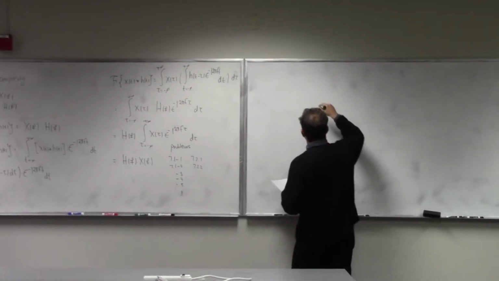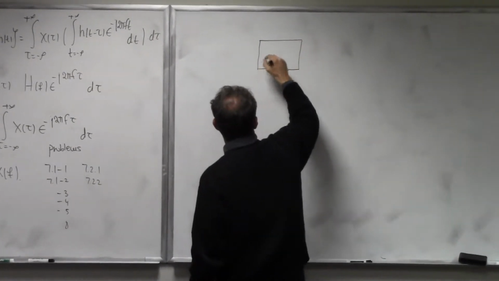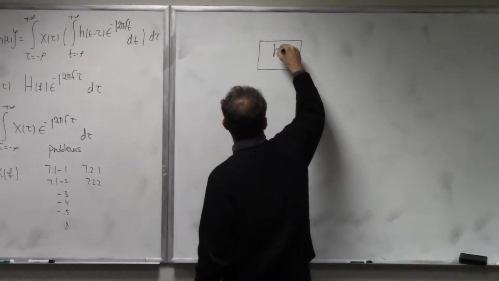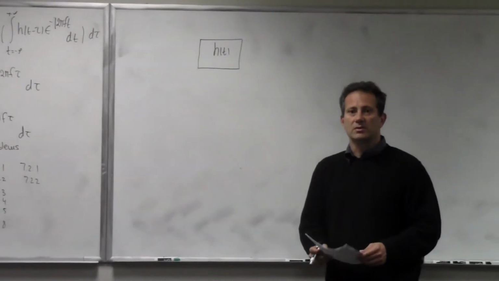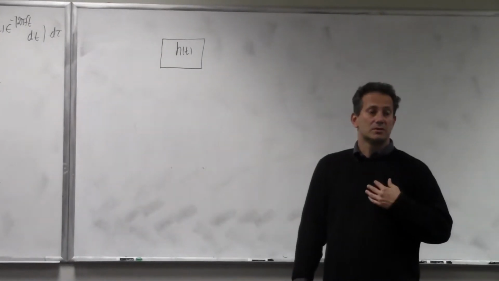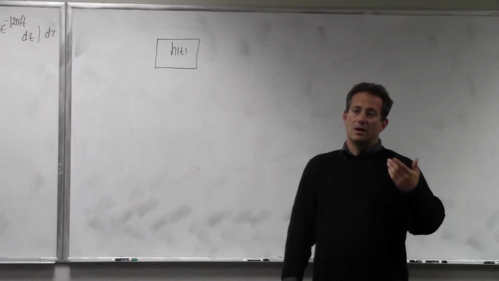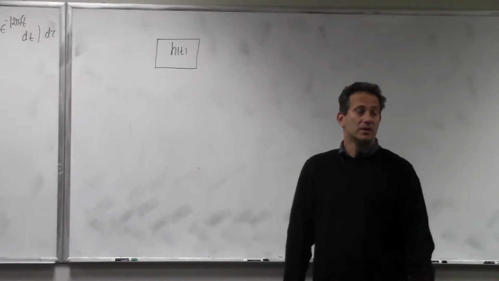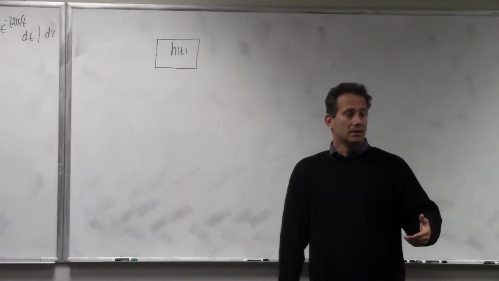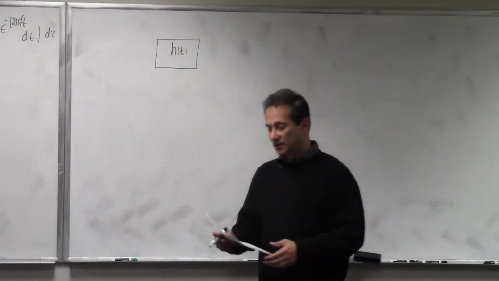So here's the picture that is very important to us. Here's our linear system, right? And so far we've been describing a linear system by its impulse response. We said if I know the impulse response of the system, I know everything I need to know. If you give me any kind of input, I'll be able to predict the output by taking the convolution of your input signal with the impulse response of the linear system.